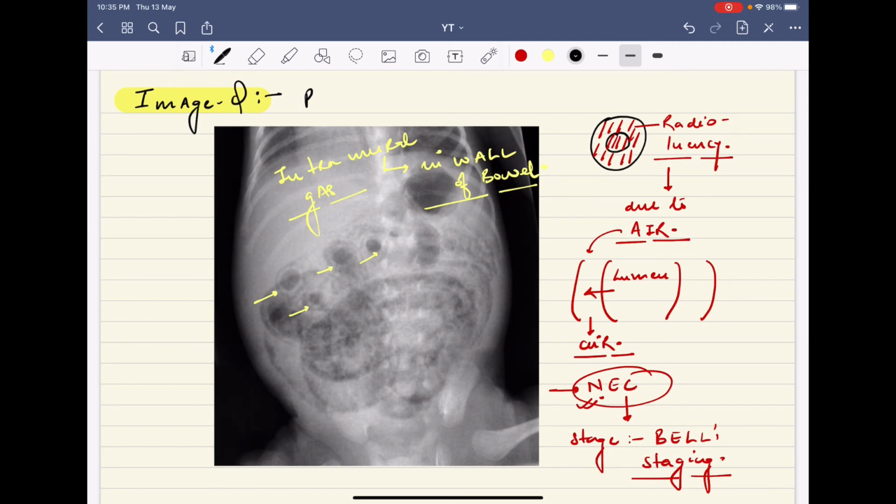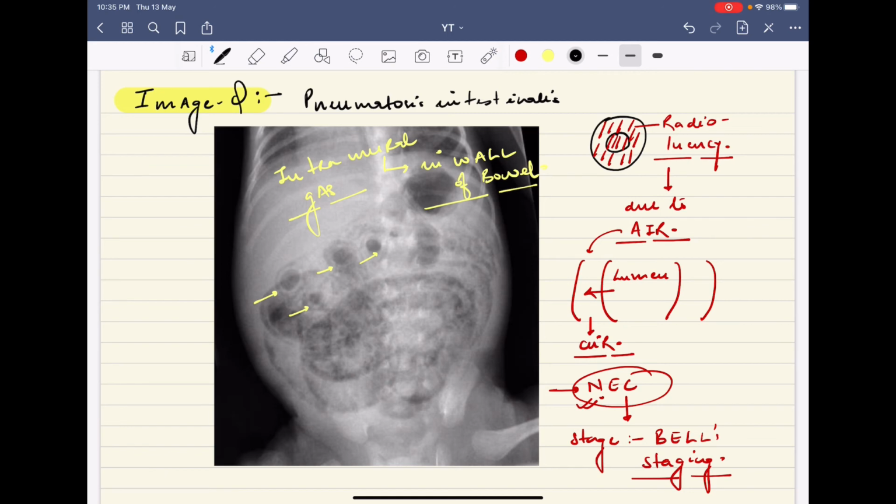I am writing here, it is pneumatosis intestinalis. So you have to understand that this is the image of pneumatosis intestinalis.